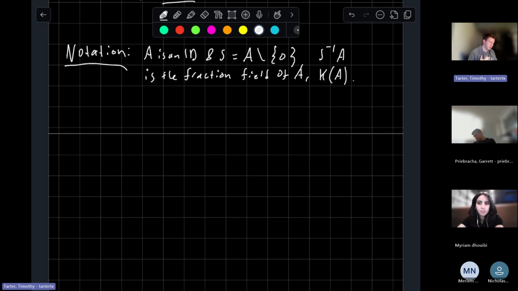Now, they're connected because the function field is the equivalence class of open subsets and regular functions on those subsets. But they're very different things. So when Vakil says K of A, he means fraction field, not function field. All right, sounds good.